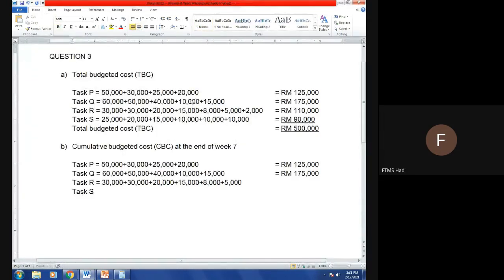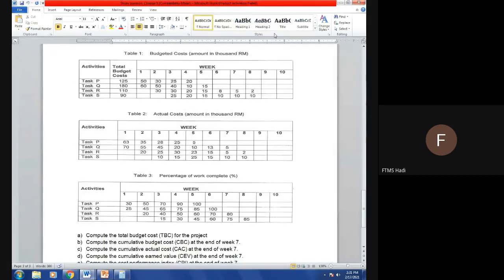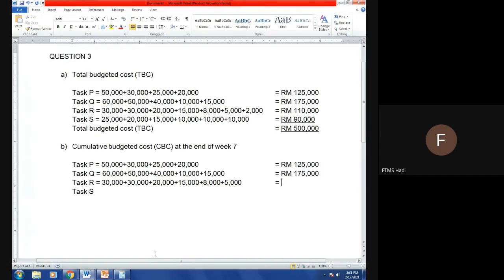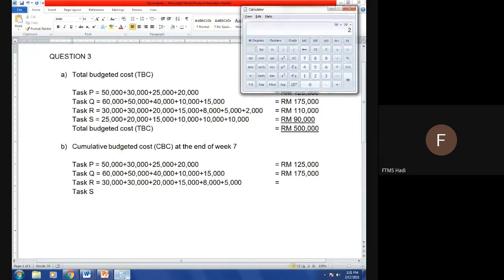Don't put 2,000 because 2,000 is already in week 8, and the question is until week 7. If you press the calculator, you will get 30 plus 30 plus 20 plus 15 plus 8 plus 5, which is 108.